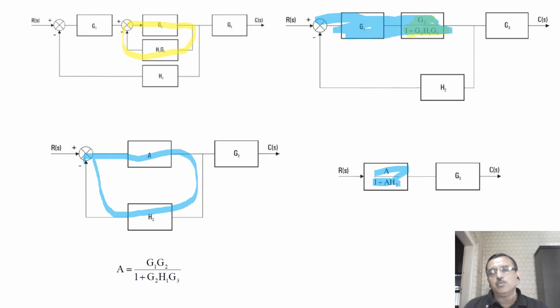We are done almost. So now we are having two blocks in cascade. The transfer function of one block is A by 1 plus A H2. The transfer function of the other block is G3. So the resultant overall transfer function we can replace it.